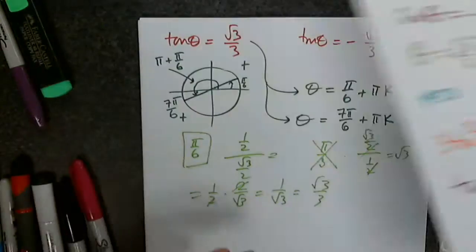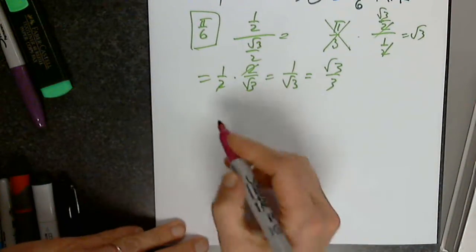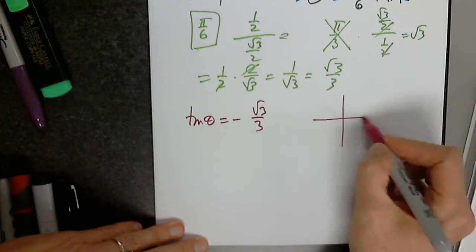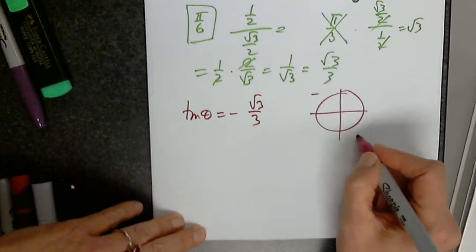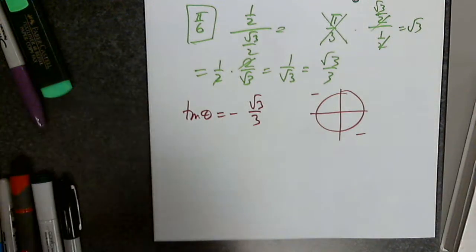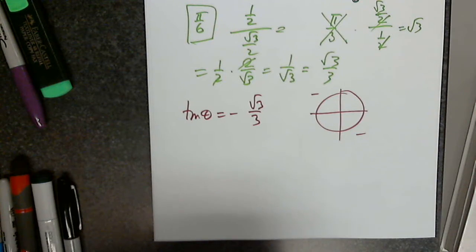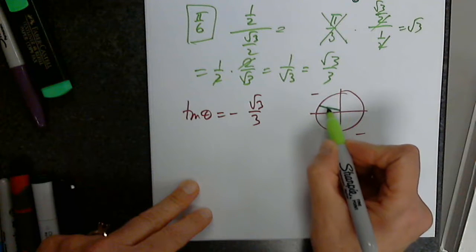Correct? Okay. And the last one, I have tangent theta equals negative the square root of 3 over 3. So then I go to the second quadrant and the fourth quadrant, where sine and cosine have opposite signs. So then what do I do? I already know what angle I'm looking at. The reference angle must be pi over 6.